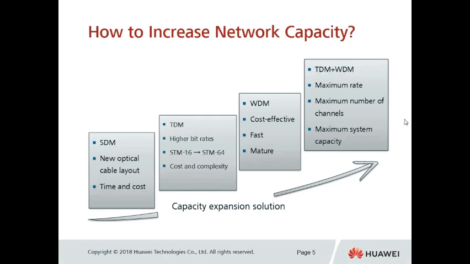More equipment gives us higher capacity. That is the solution. But this solution must be very expensive. Right, and you will waste a lot of time to install new equipment and new fibers. Right, so this is the oldest solution.